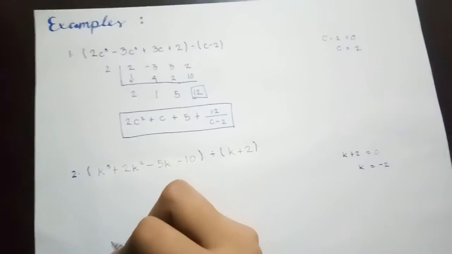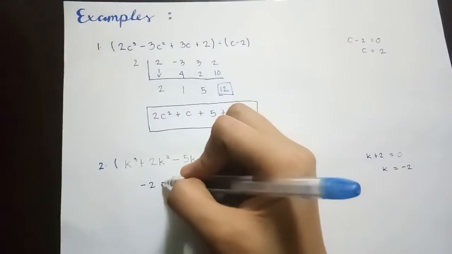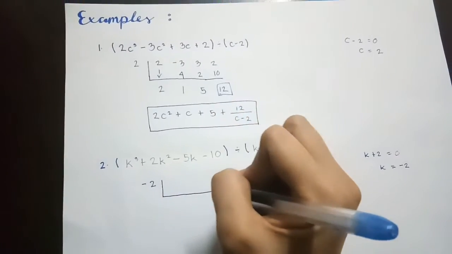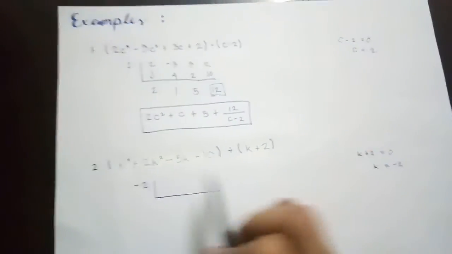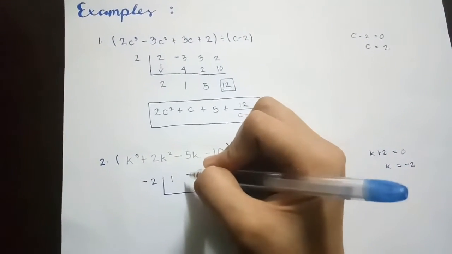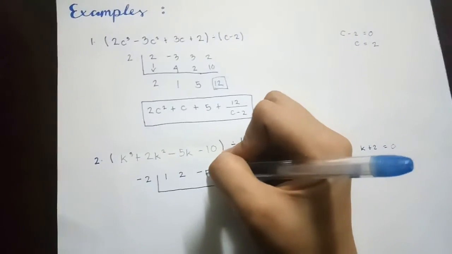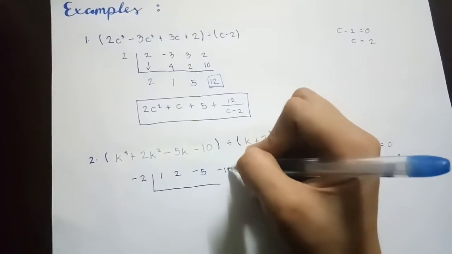So negative 2 would be our divisor. Negative 2, and again we're going to get the coefficients of these. So 1, 2, negative 5, and negative 10.